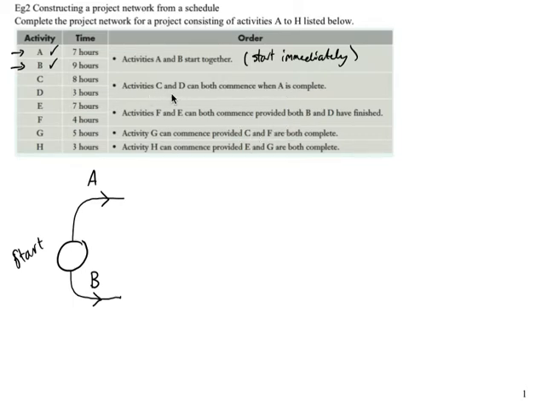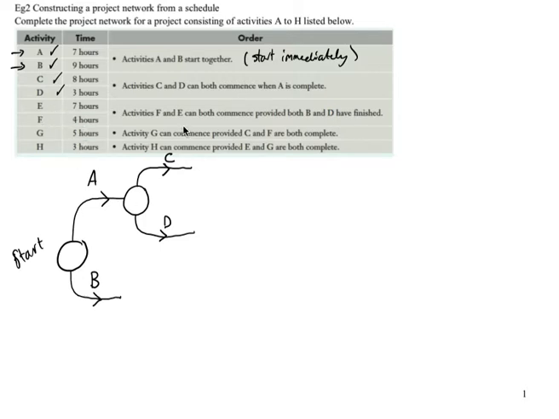So we draw a big circle, and then we draw another fork coming out. And then we label it C and D. I tick off C and D, and that bit's now complete. Do you notice how I'm not drawing any circles? We leave it open, and we have to find the node that it will go into later.